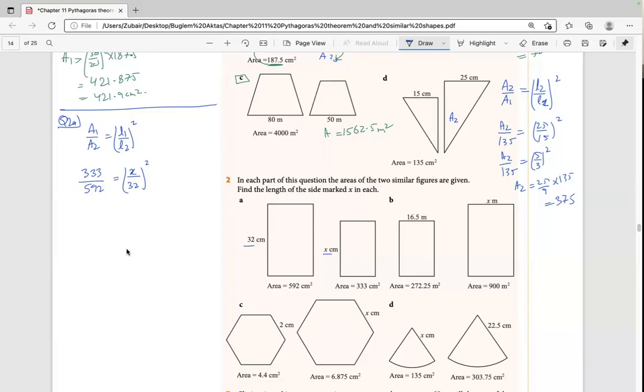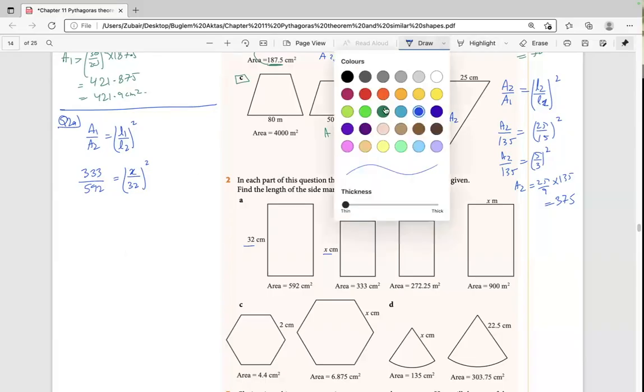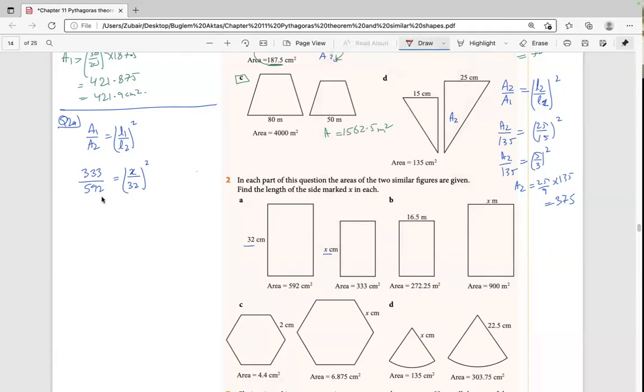Because we may get the answer in a perfect integer or we may get a decimal. Both ways are correct. Then afterward, 333 by 592 is equal to x squared by 32 squared, which is 1024.